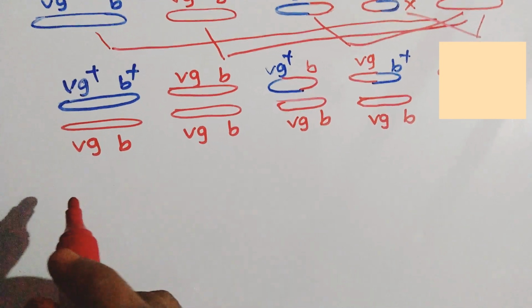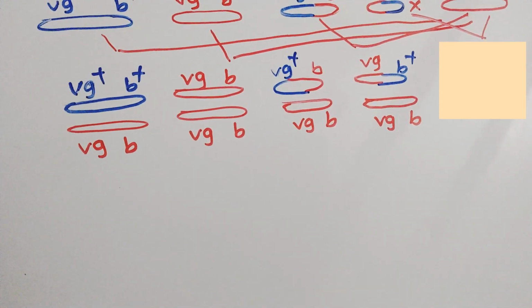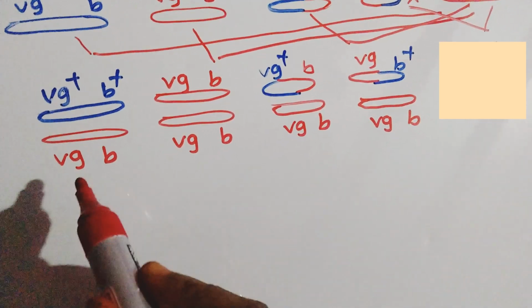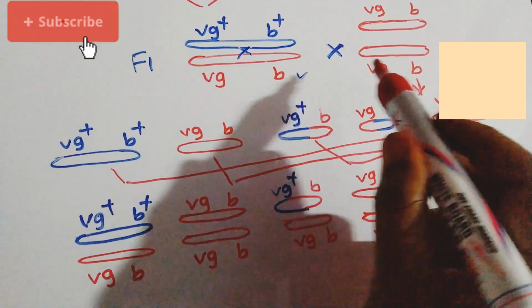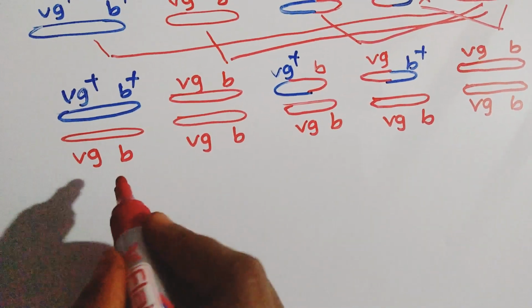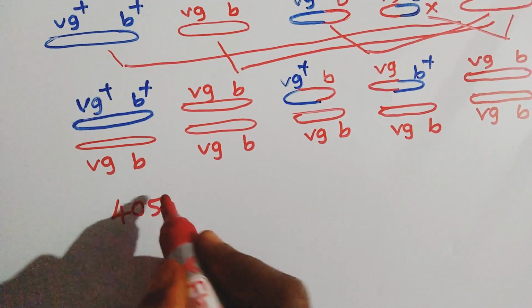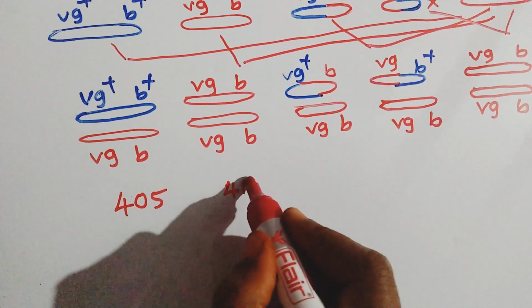Here we are going to see how many progeny are obtained in the F2. These two are the parental combinations, so parents are obtained in larger numbers. Parents are obtained 405 and 415.